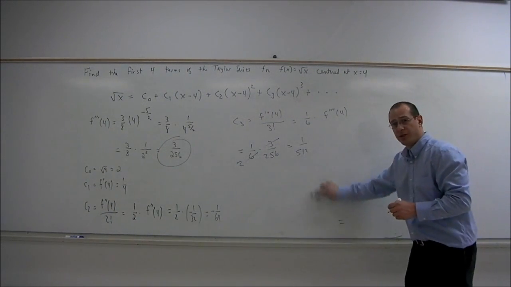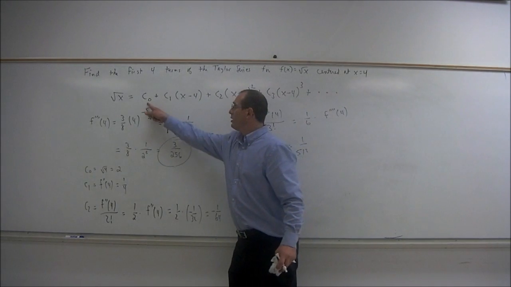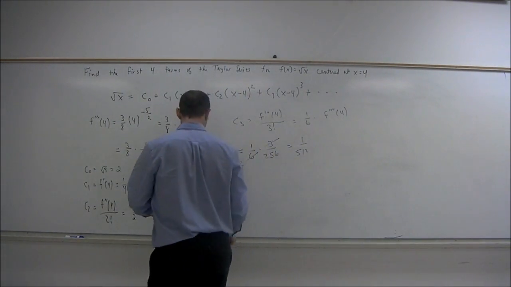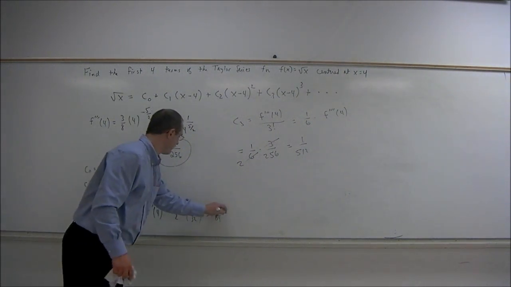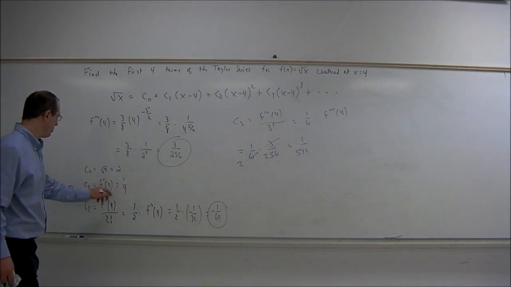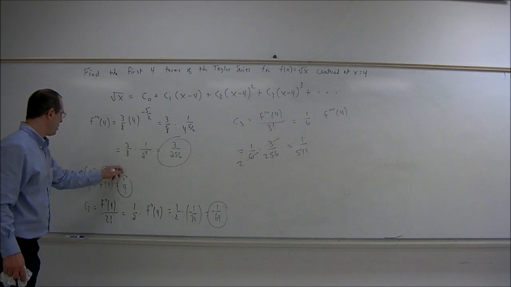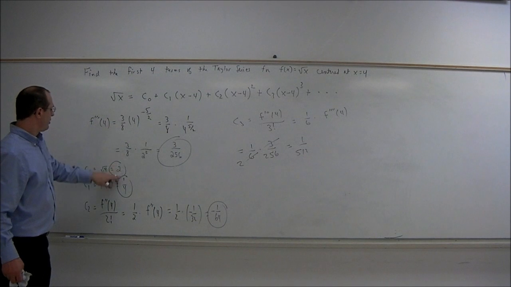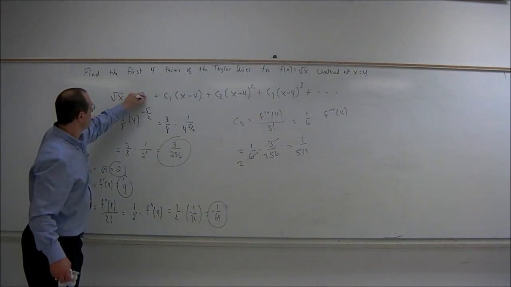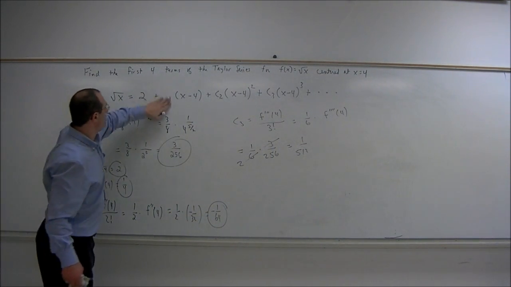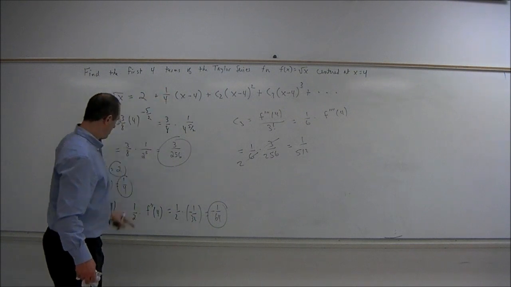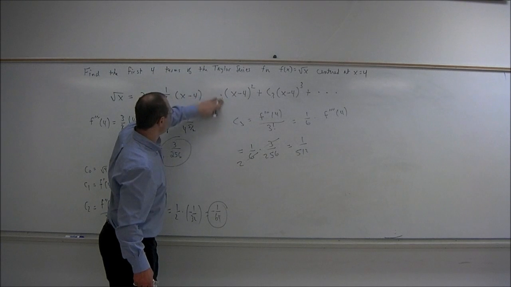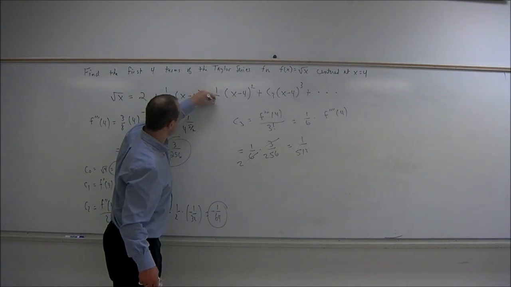And now the final answer can be written by taking these numbers and substituting them in where we see them in the equation. So let's do that. c0 is equal to 2. c1 is equal to 1/4. c2 is equal to negative 1 over 64, so I have to erase the plus sign: minus 1 over 64.